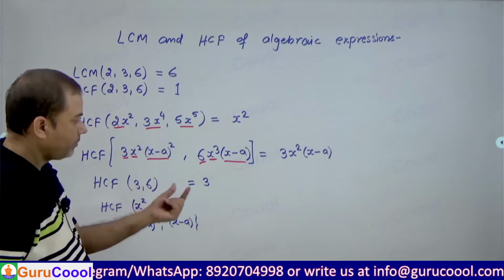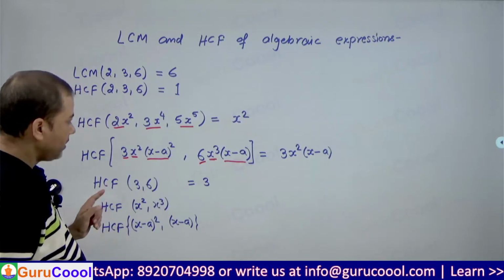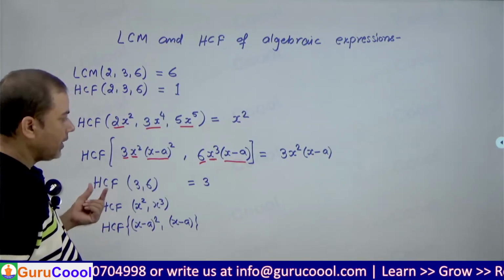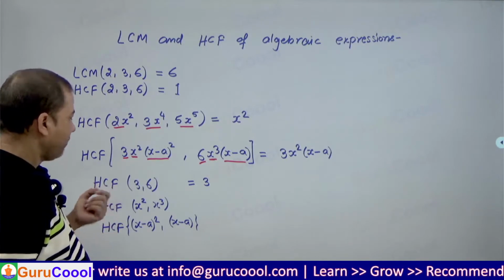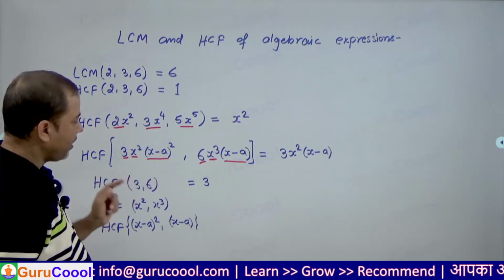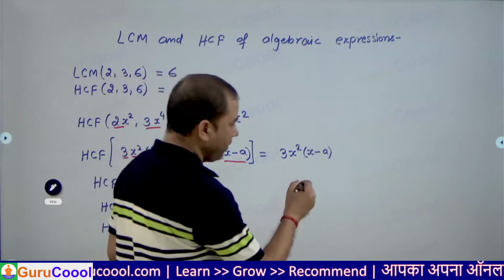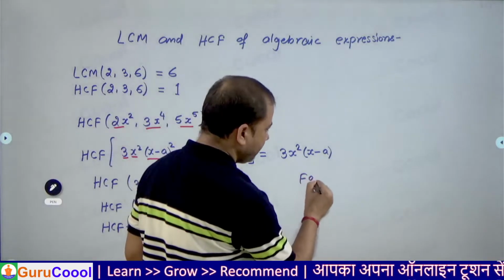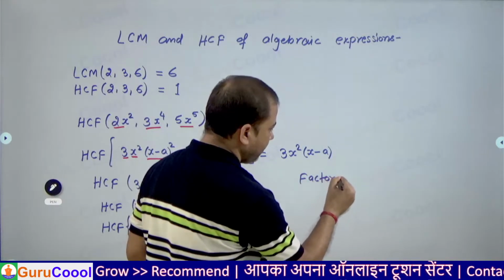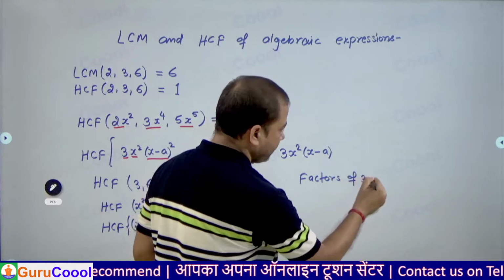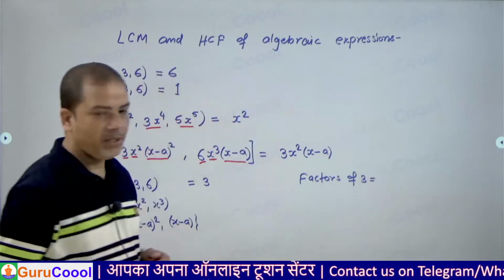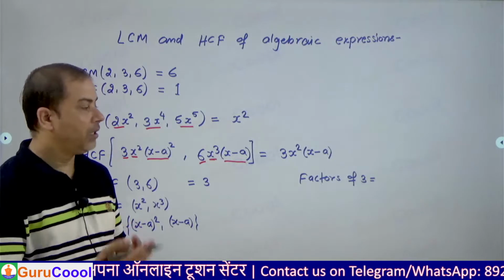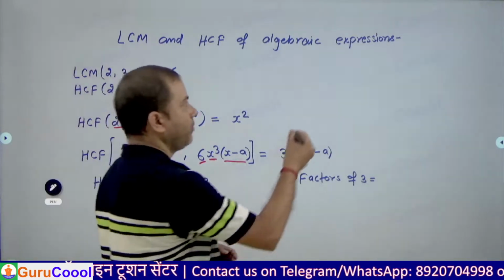How to know? HCF means common factor, highest common factor. Factor means which can divide it. So if we make a list here, factors of 3. Factors of 3 means which number can divide 3 perfectly.